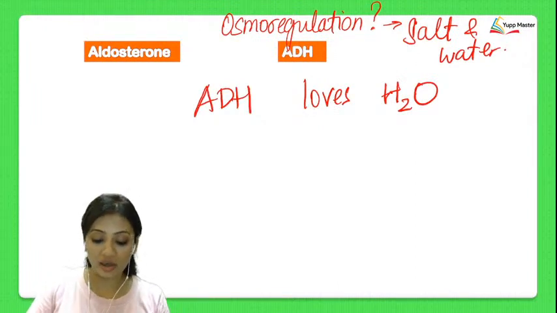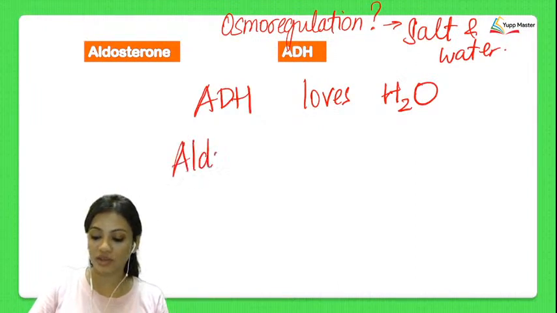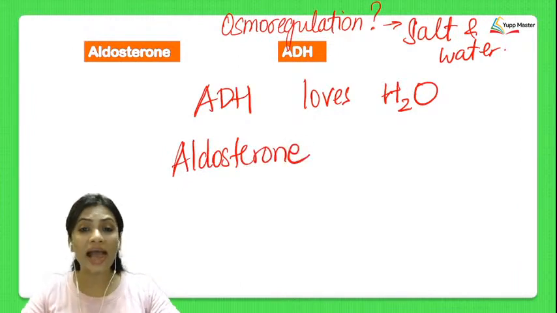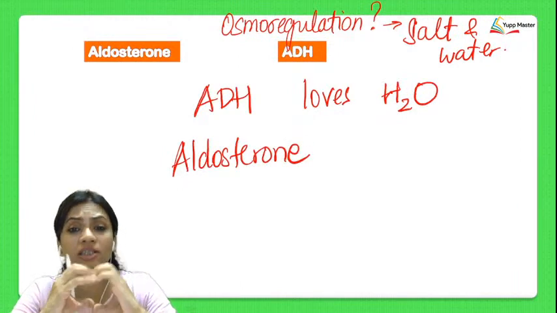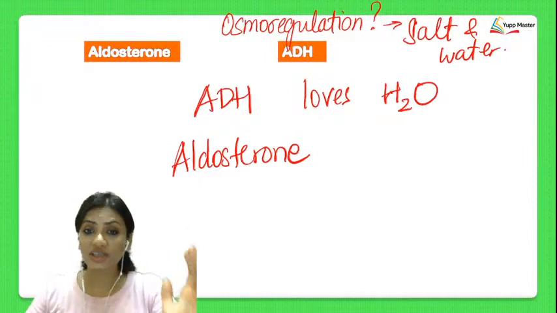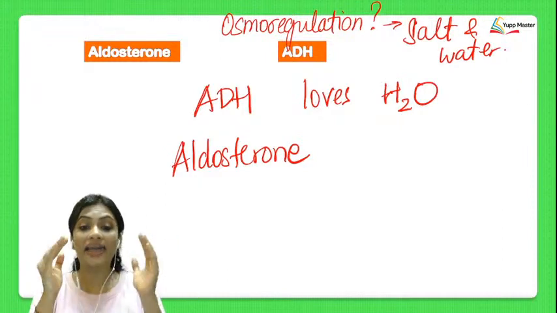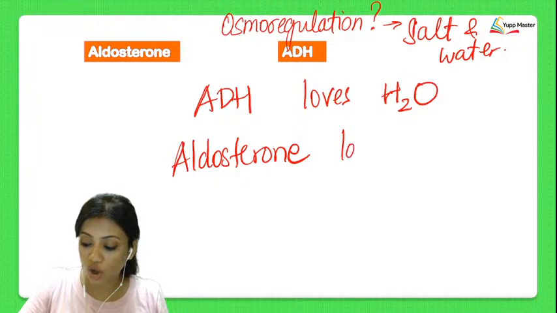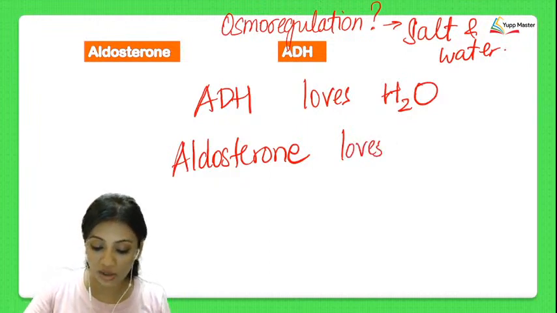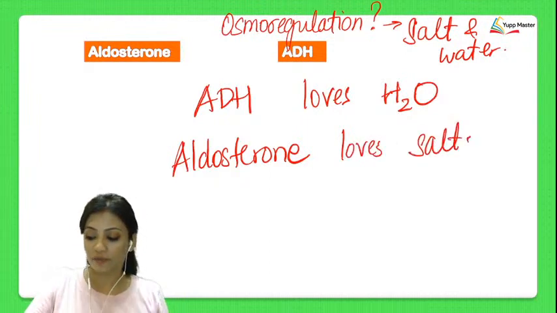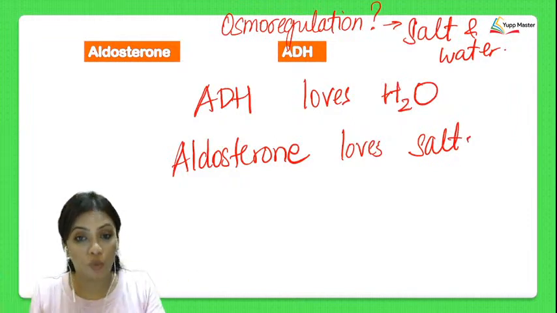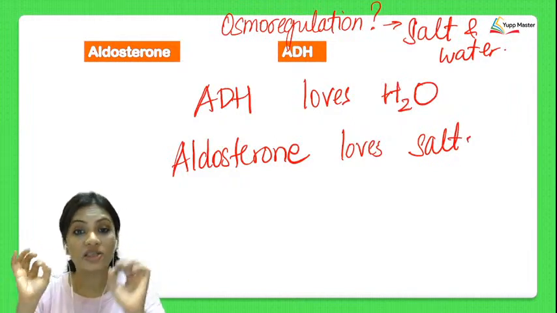And the second hormone is called aldosterone. Aldosterone actually loves salt. So ADH is a water loving hormone and aldosterone is a salt loving hormone.